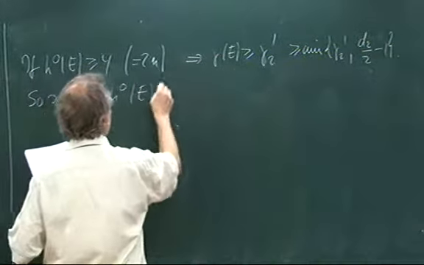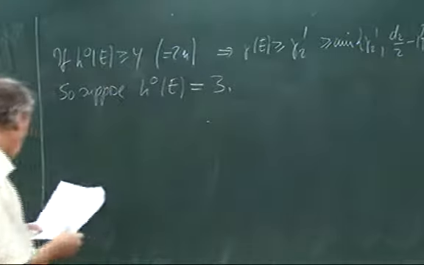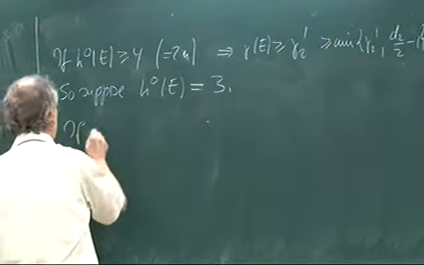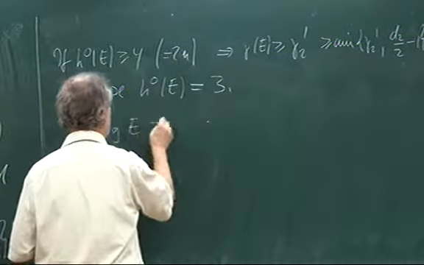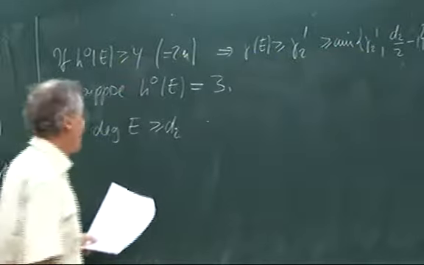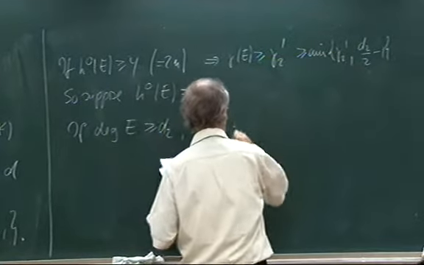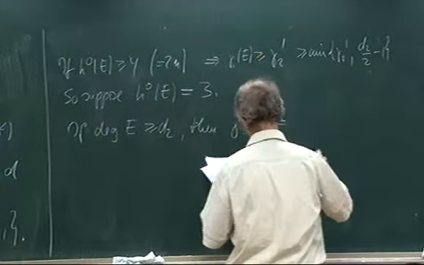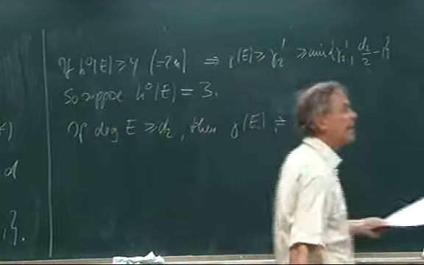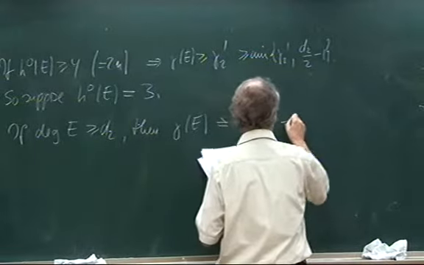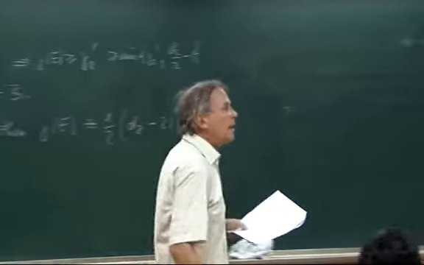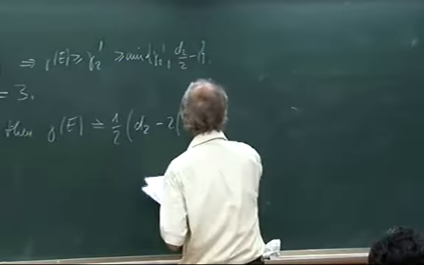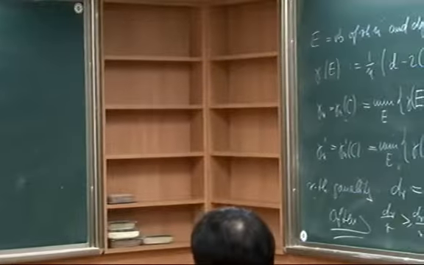So suppose h0 of E, which was by assumption greater or equal to 3, is equal to 3. Okay? Then, if degree of E is greater or equal to D2, then gamma of E is greater or equal to 1 over 2 times D, which is now greater or equal to D2, minus 2 times h0, which is equal to 3, minus rank, which is 2.